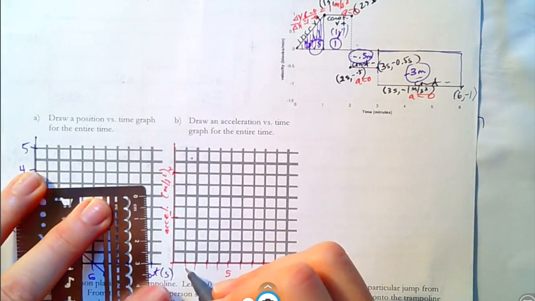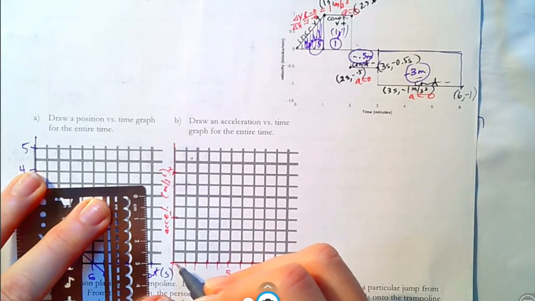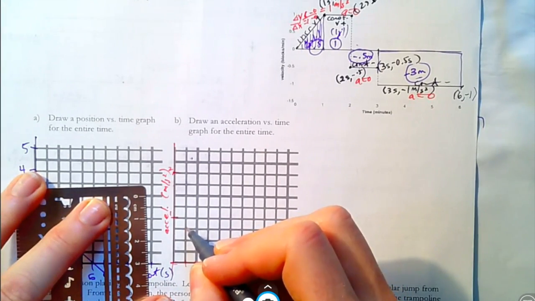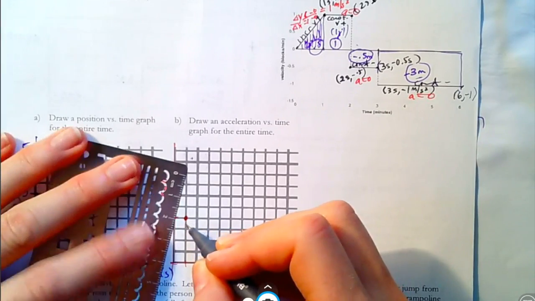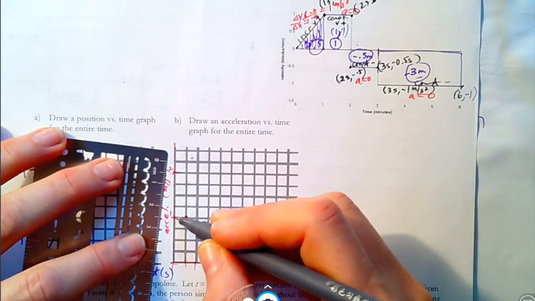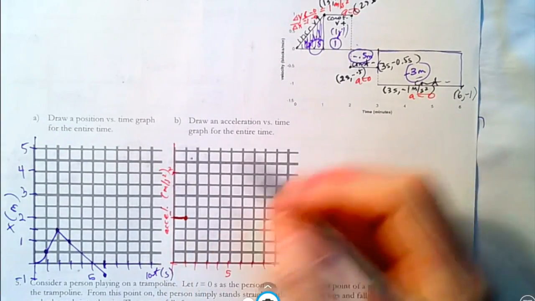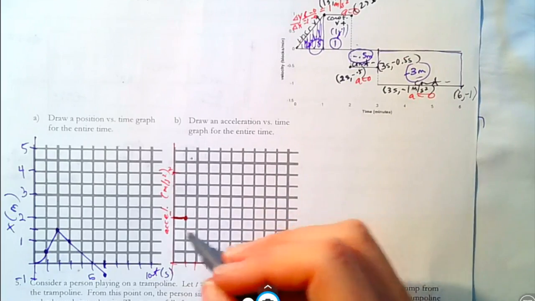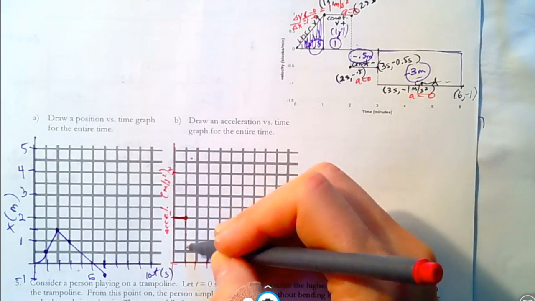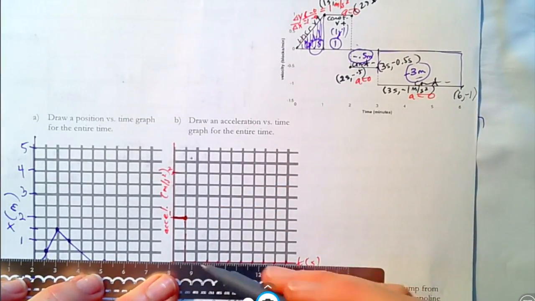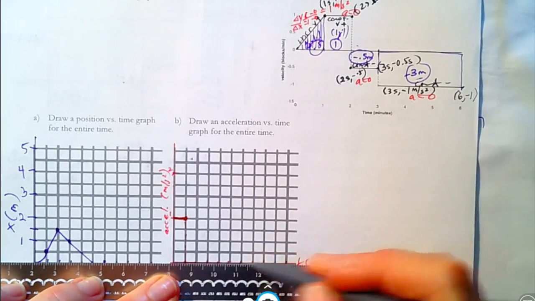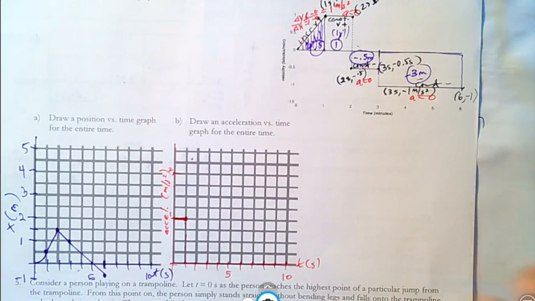So for that first second only, we're going to have an acceleration of 1, and that's going to be a constant acceleration, so it's a horizontal line, because the slope doesn't change, the acceleration doesn't change. Then it's going to drop, and it's just going to stay at 0 for the whole rest of the time. That's it. That's all you got to do.